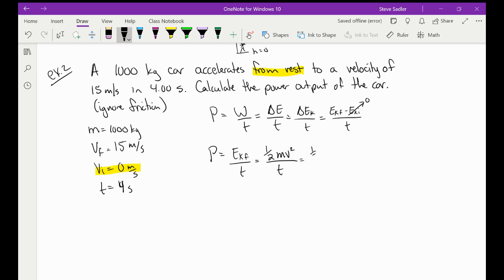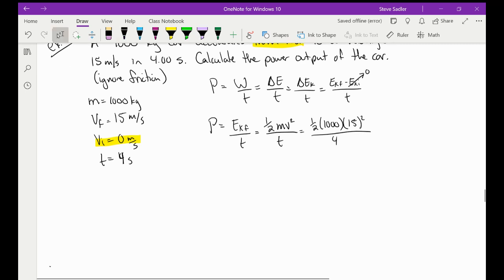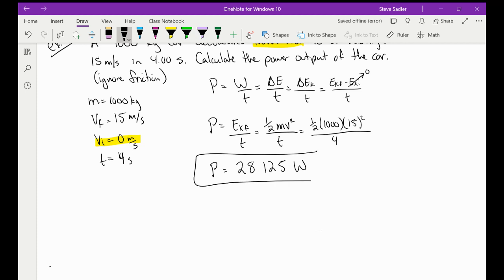And we can do 1/2 multiplied by 1,000 multiplied by 15 squared, all divided by 4. And that is going to be 28,125. Power is in watts.